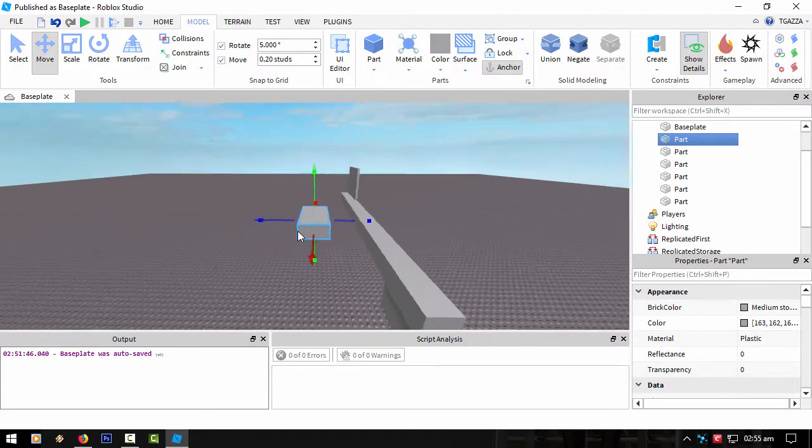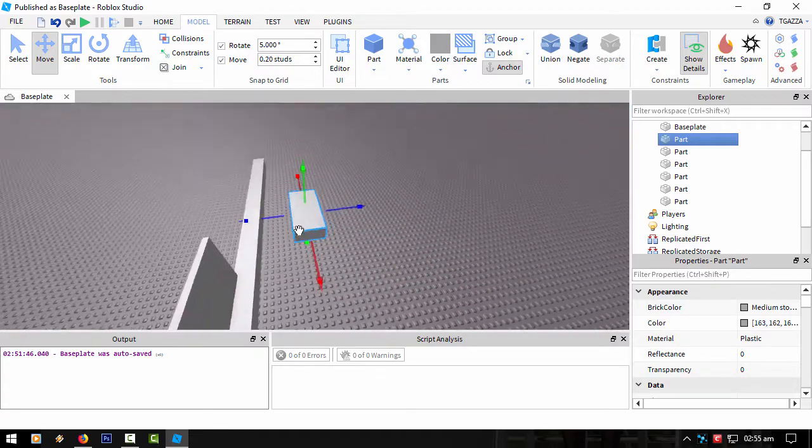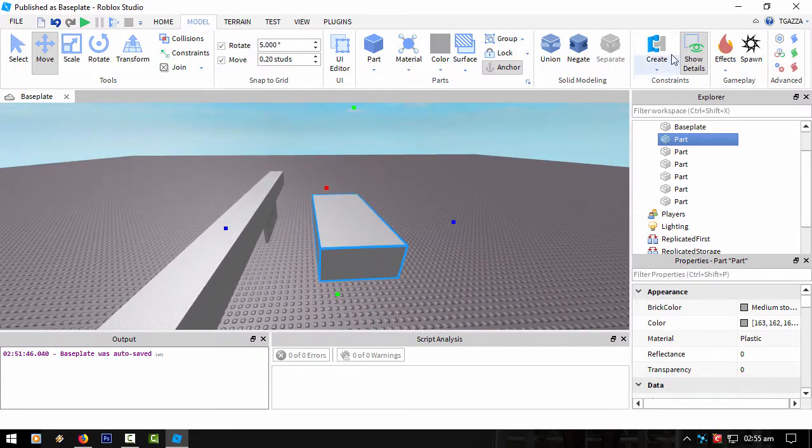The reason why I'm building this is when you make the constraint or the joint, anything else attached to that part where the attachment is also gets moved to the bit that isn't anchored, or with the most mass if you like.